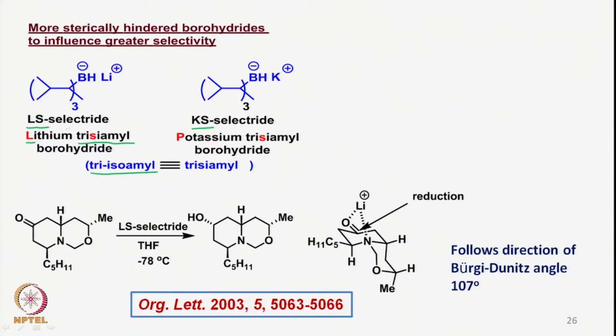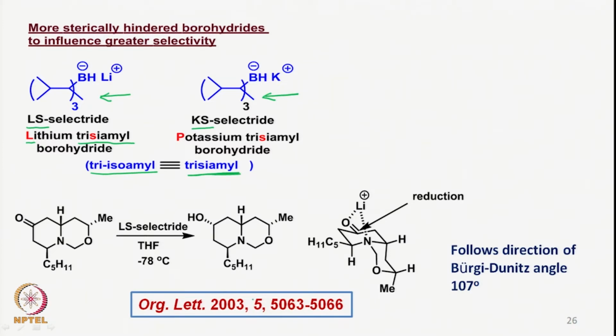So this is KS selectride and this is LS selectride, in which the groups attached are bulkier than secondary butyl. Basically it is the tris isoamyl or triisoamyl group which is present.